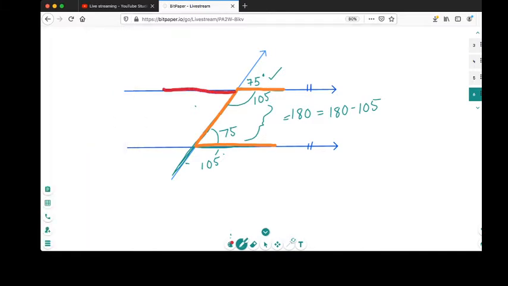If our Z rule looks like this, and we know that whatever this angle is needs to be the same as this angle, then obviously that is going to be 75 degrees, which makes sense because it's opposite this other 75 degrees. So I could use that information to my advantage as well, because then I know that whatever this angle is going to be the same as this.